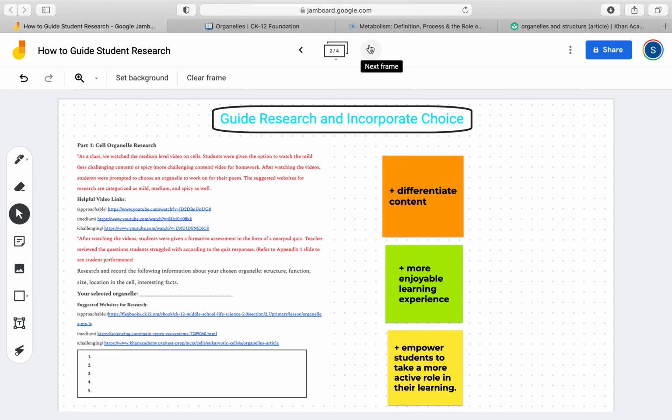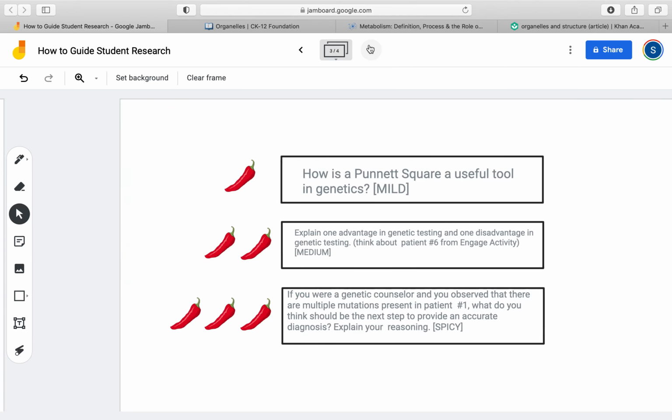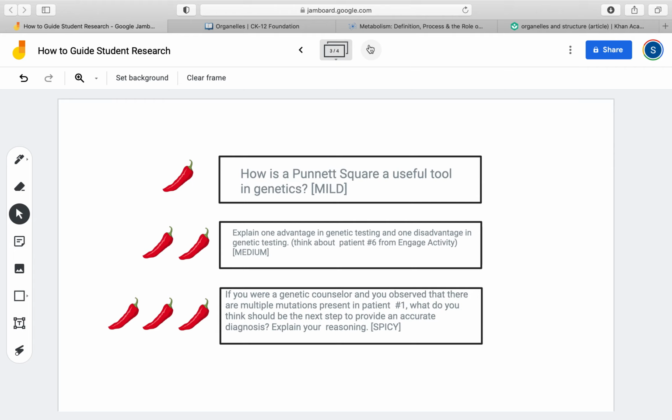So you can also use this technique while asking questions during their research. So if you are thinking about research questions and you want to differentiate your research questions, you can do that too. So I have an example here. Sometimes for an exit ticket, I will have 3 different levels of questions and students choose which one they want to answer. So here I have an example. This is a different lesson that I did for genetics.